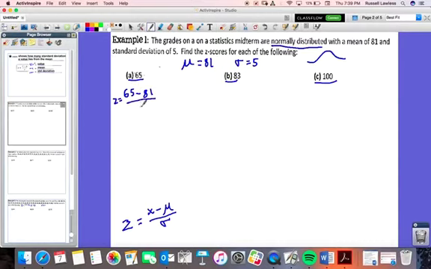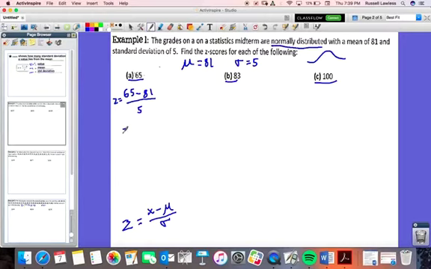Now, I'm going to apologize right now, my calculator is not working on my laptop due to technical difficulties. If you did 65 minus 81 over 5 on your calculator, it would give you some number like 48.8. That is not the way to put it into the calculator.